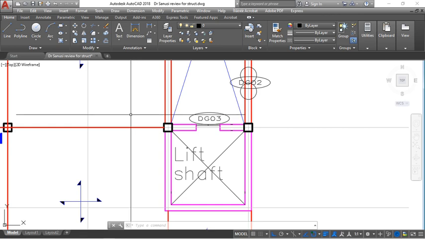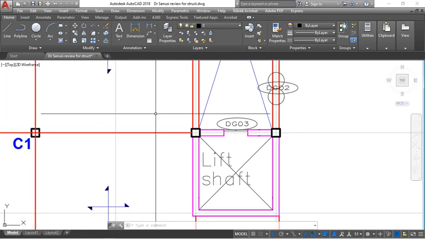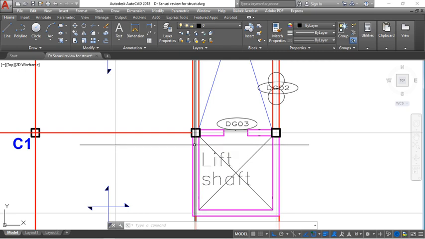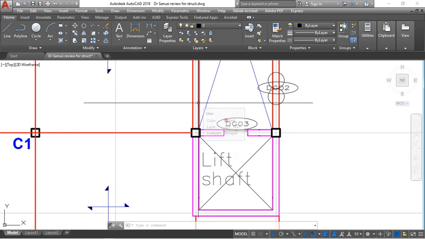I will show you the documents that the designers of the software, which is Prota Structure we are talking about, published, because there's an interaction between the lift shaft wall and the adjoining beams.